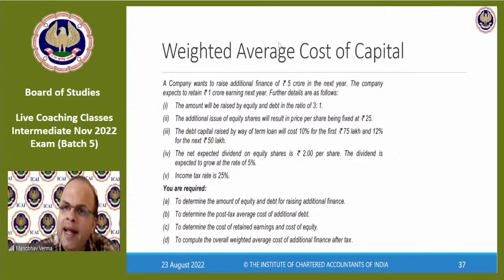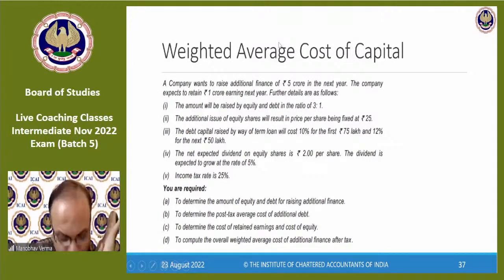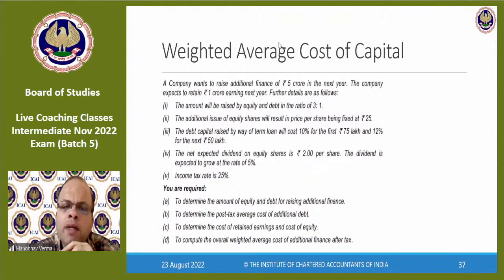Aditi says 3 and 1. Okay, Aditi, but if you say 3 and 1, don't you think the total equity will be 4 then? And will your ratio be 3:1? You tried your best, but I think I got you. Aditi, don't change the ratio 3:1.